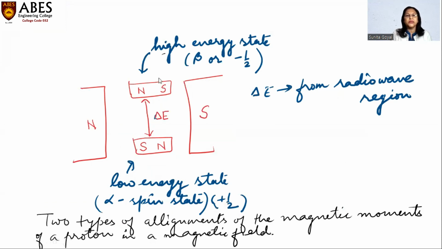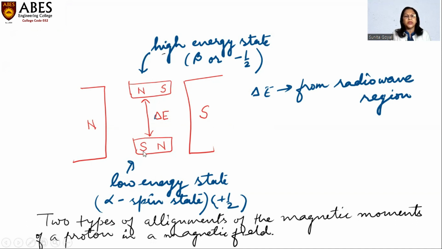We can also see here that when the nuclei, present in a sample tube, are kept between the 2 pole pieces of the magnet, they orient themselves either in the low energy state or in the higher energy state. So these are the 2 pole pieces. This is north, and on the right side it is south, as shown in the diagram.